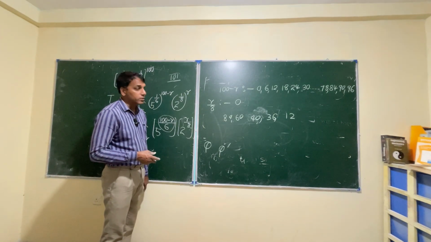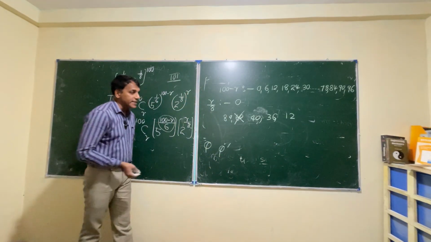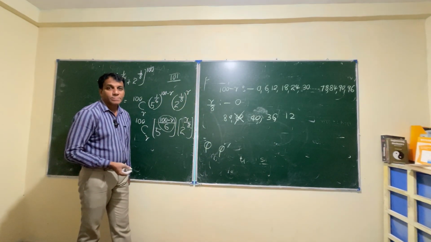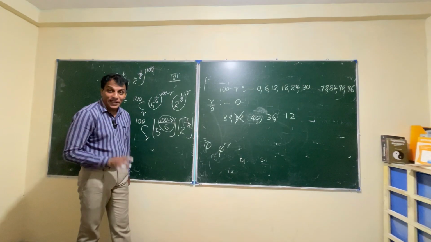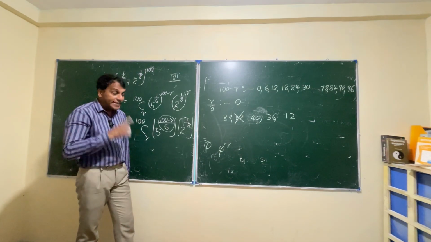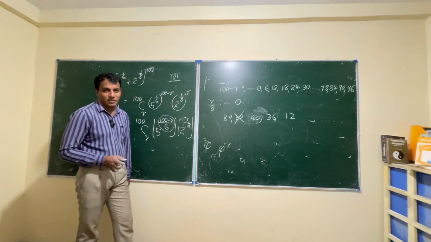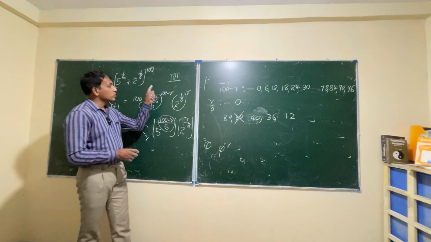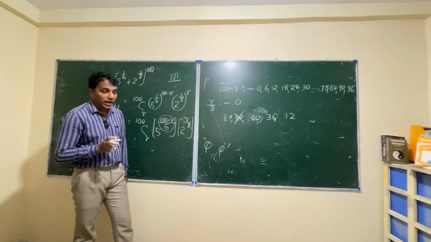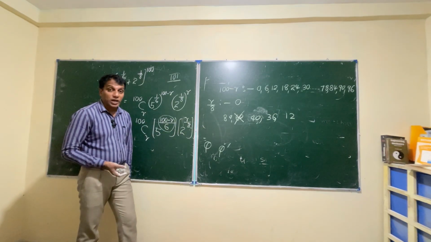The values are 84, 40, 36, 12. So four numbers are rational. There are 101 terms in total, so 97 are irrational, because four values are rational.